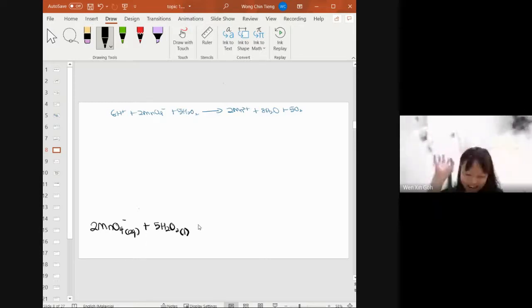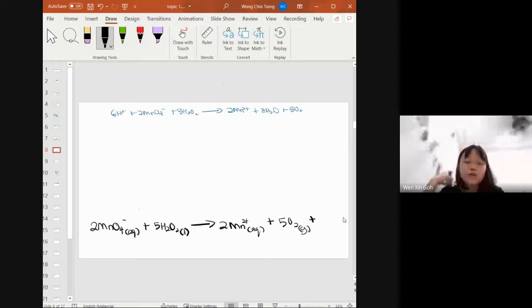And then 2 Mn2 plus equals plus 5 O2 gas plus 2 H2O liquid plus 6 OH minus equals.